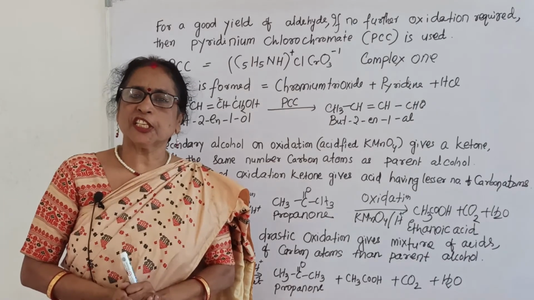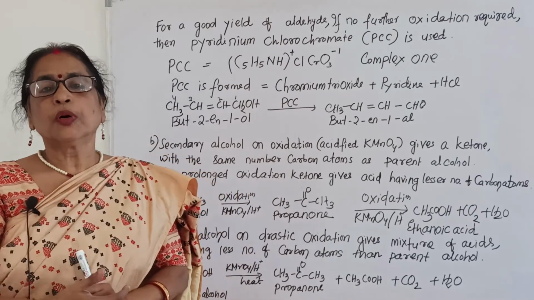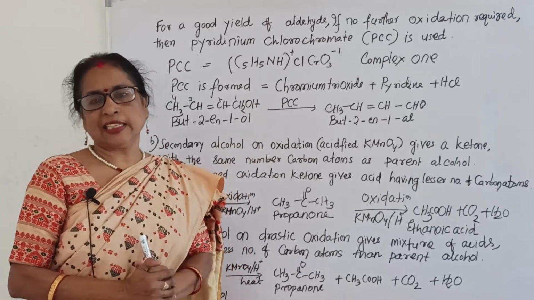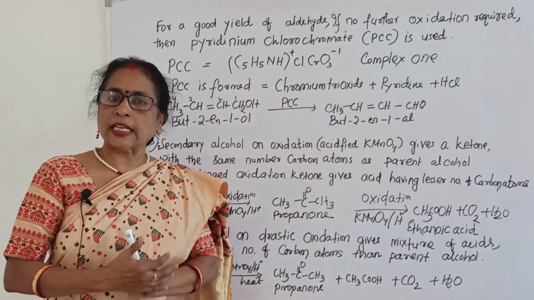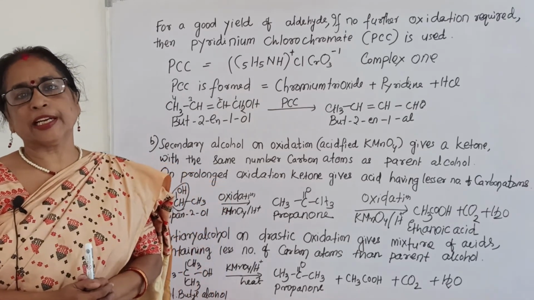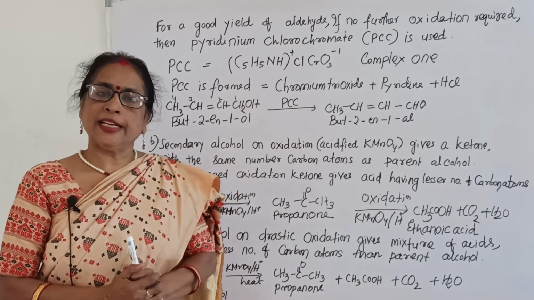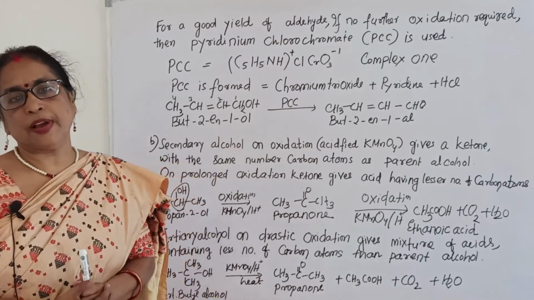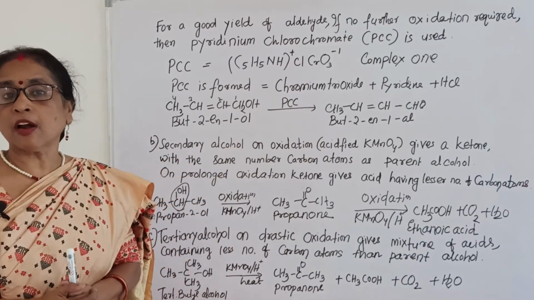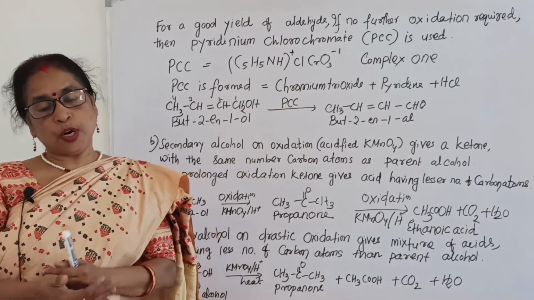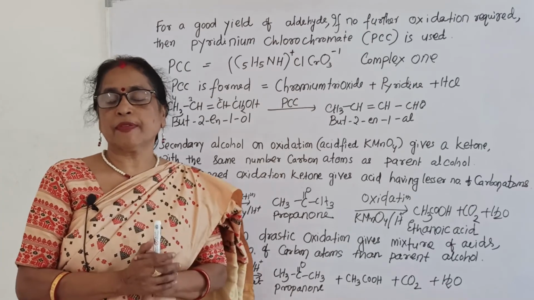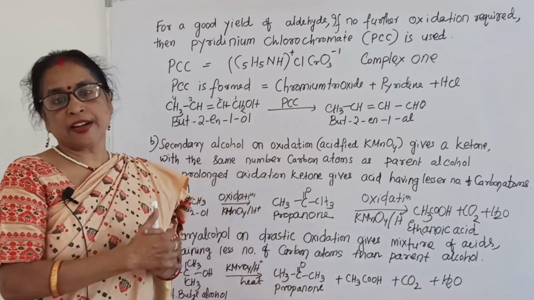In the oxidation of primary alcohol with a good oxidizing agent, such as alkaline or acidified potassium permanganate, it gives aldehyde and further oxidation gives acid. But what is the main condition here? The aldehyde and acid are produced having the same number of carbon atoms as the parent alcohol.